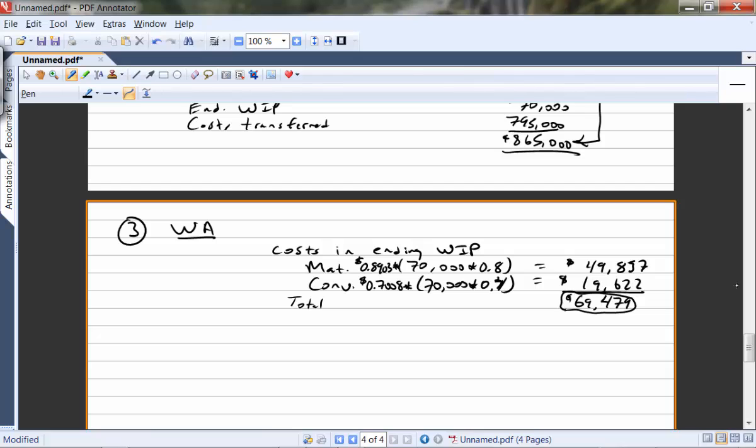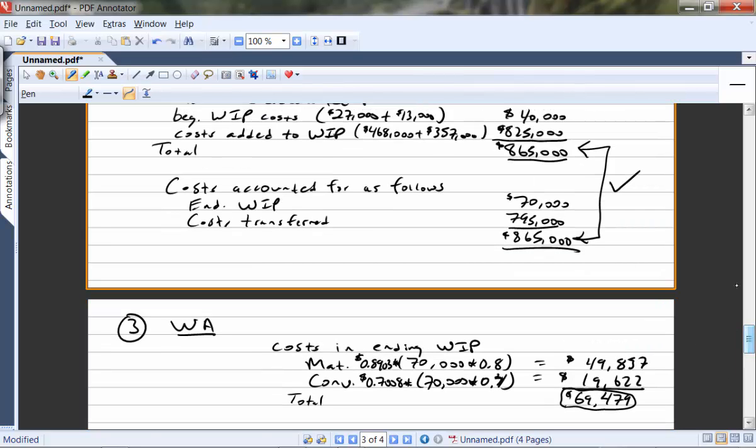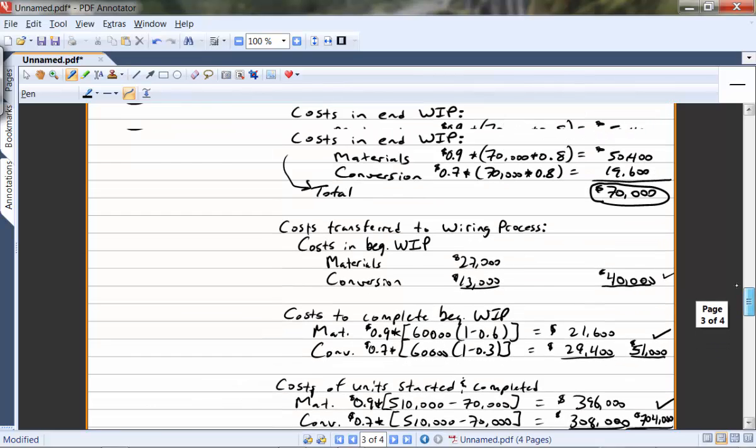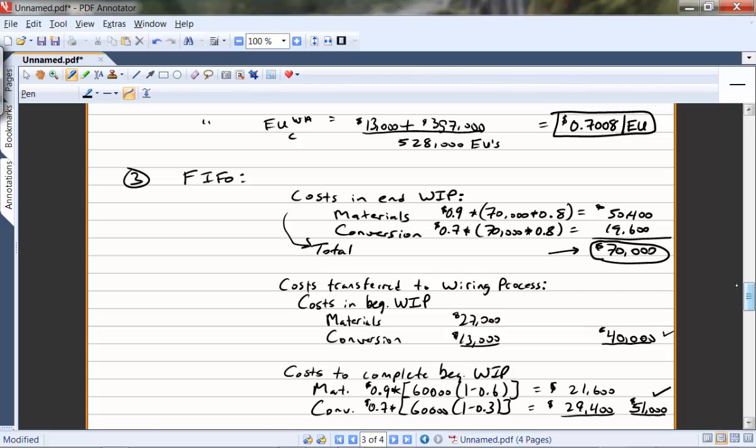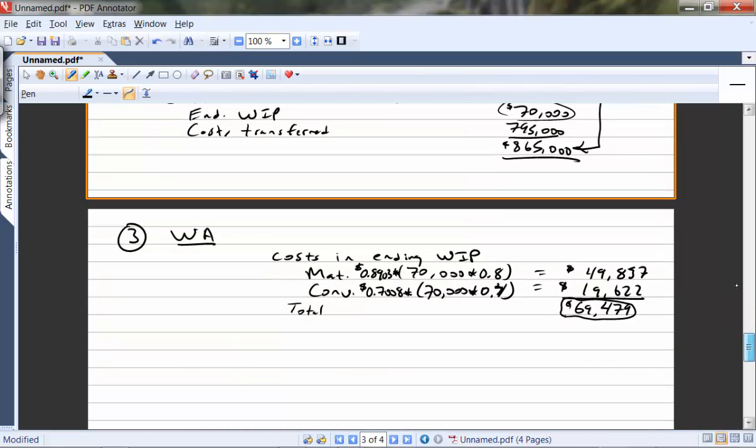Notice that it's similar to what we estimated under FIFO. Under FIFO, we estimated that there was 70,000 left, right? It's off by $521. Why? Because our cost per equivalent unit figures are a little bit different.